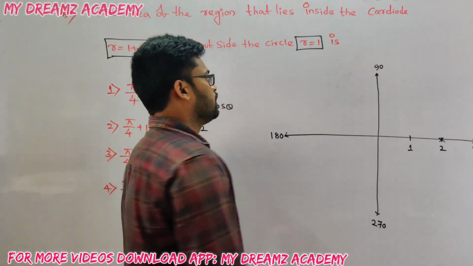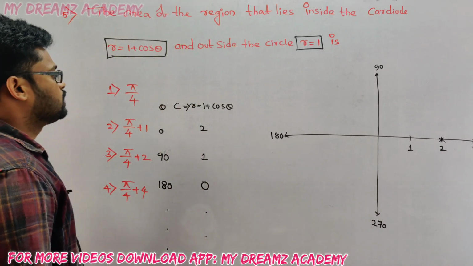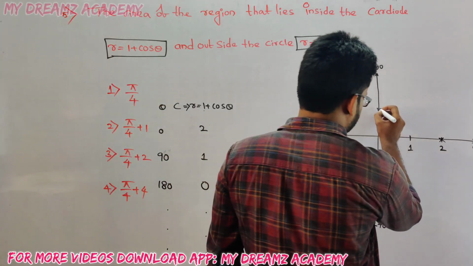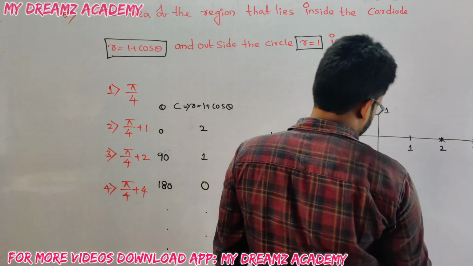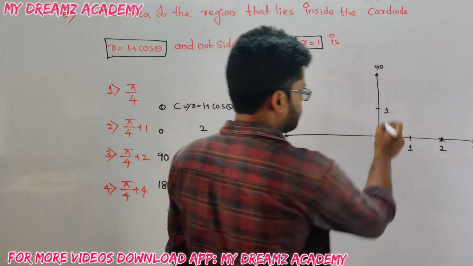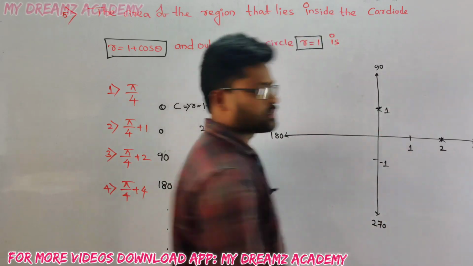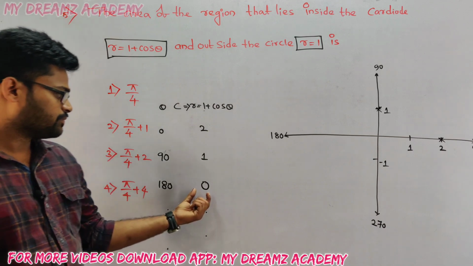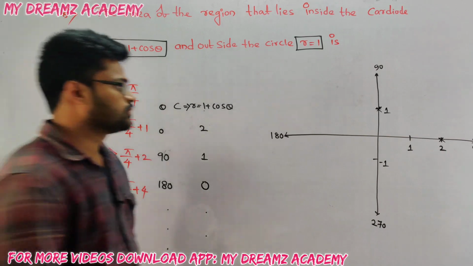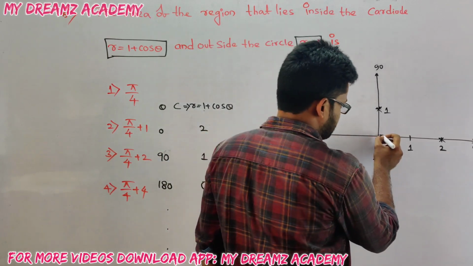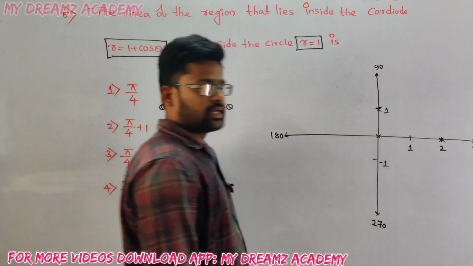Next, at theta equal to 90 degrees, magnitude is 1, at this place. Next, theta equal to 180 degrees, magnitude is 0, like this.